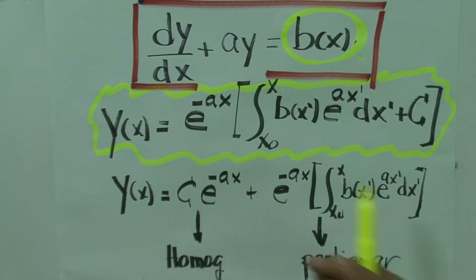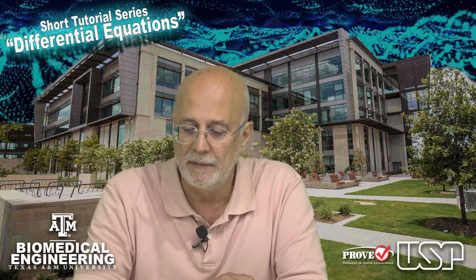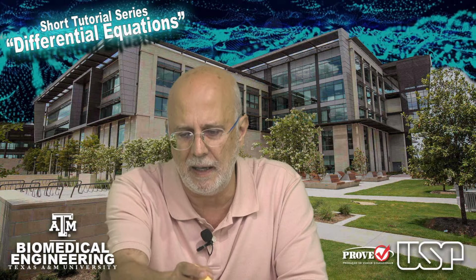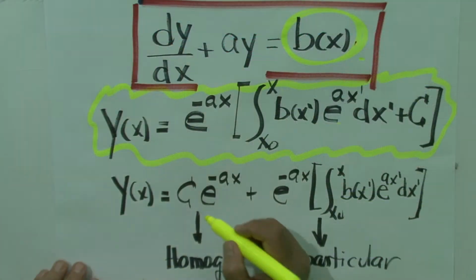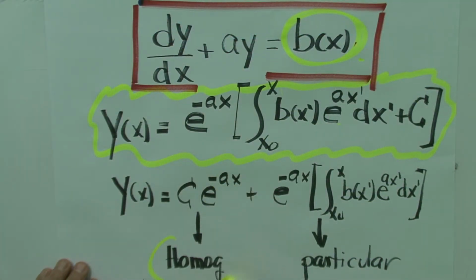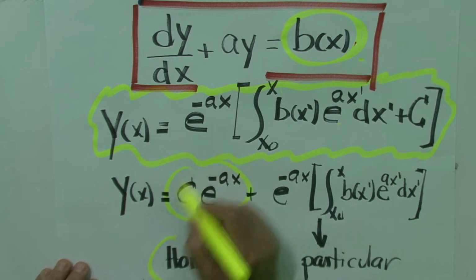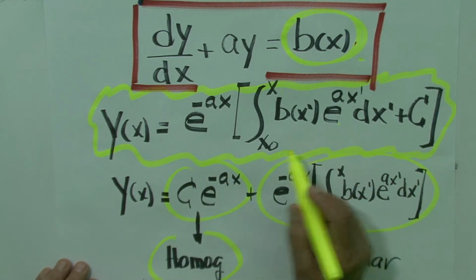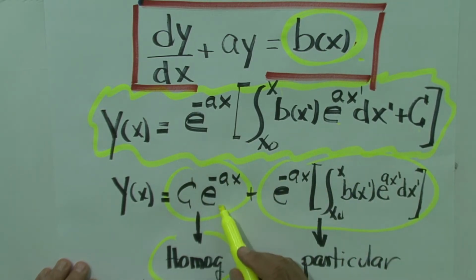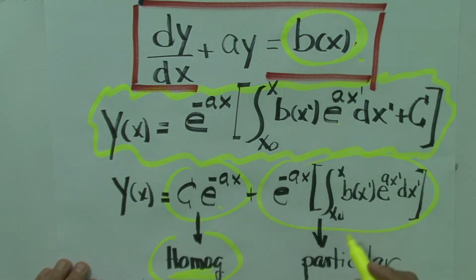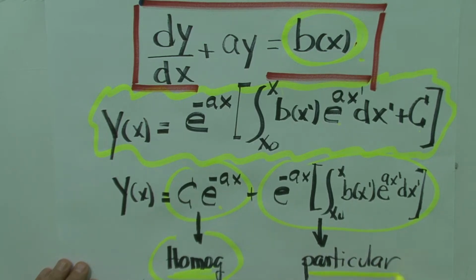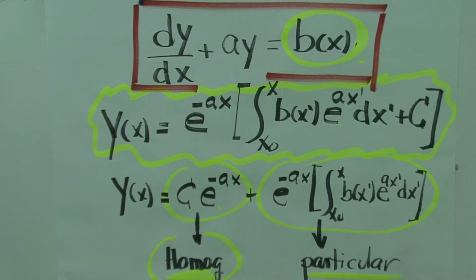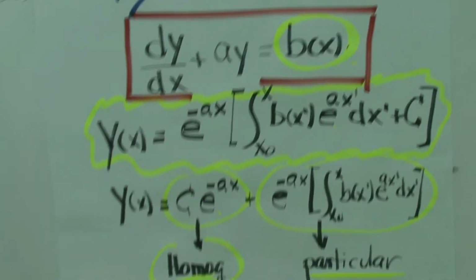And this is something that I'm going to tell you later, that when you have a non-homogeneous equation, you're always going to solve it by having the homogeneous solution plus a non-homogeneous one. And here, if you multiply by the constant, this is the homogeneous part, the solution of the homogeneous equation. And this one is always going to be the solution of the particular or the specific function.